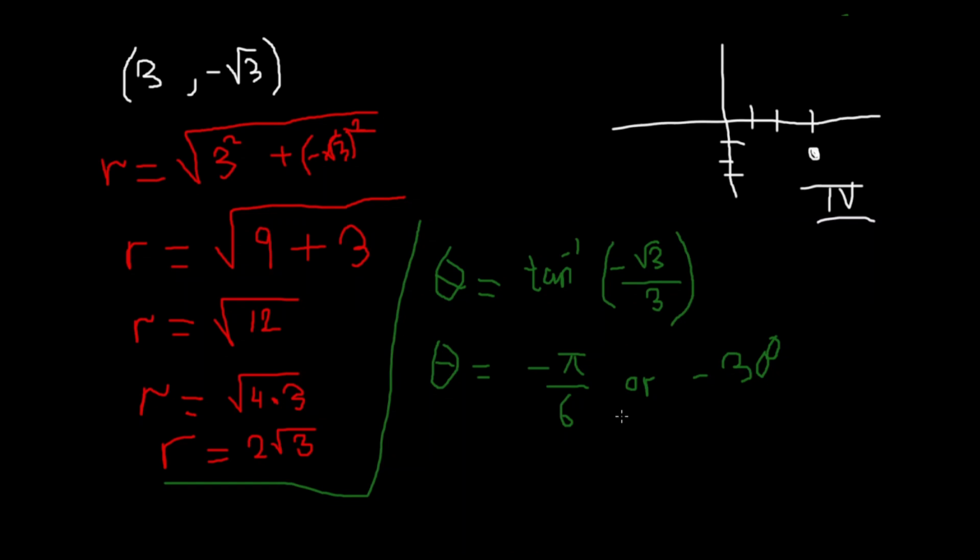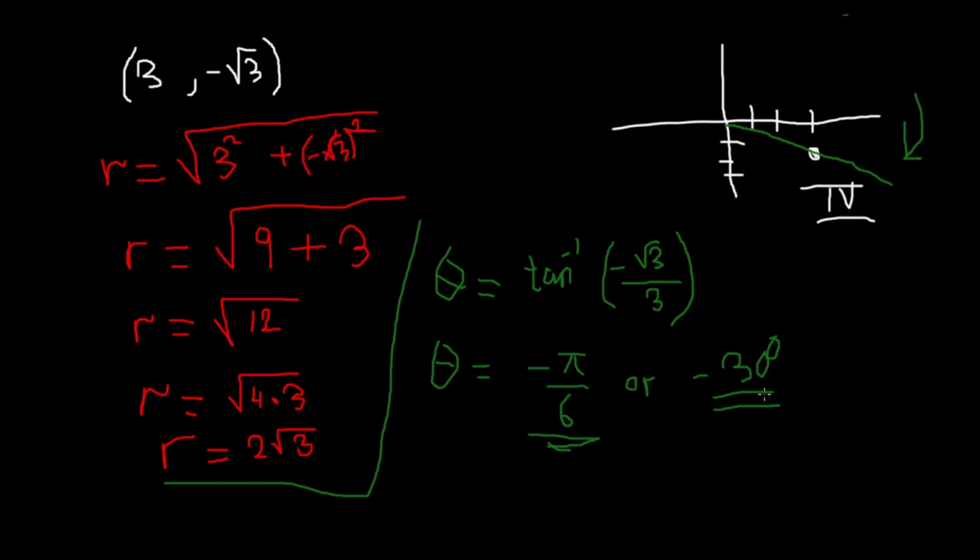Since it's negative, we go clockwise, and you end up in the fourth quadrant. And our original point is also in the fourth quadrant. So we know this is the theta. We can write it in radians or in degrees.